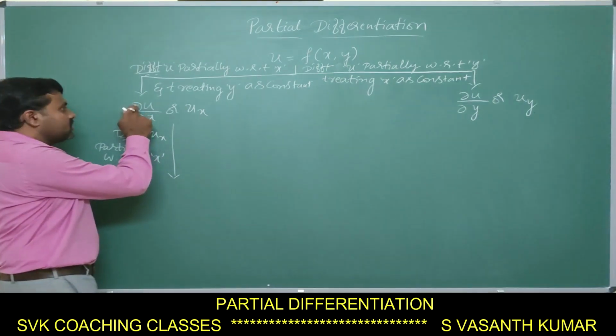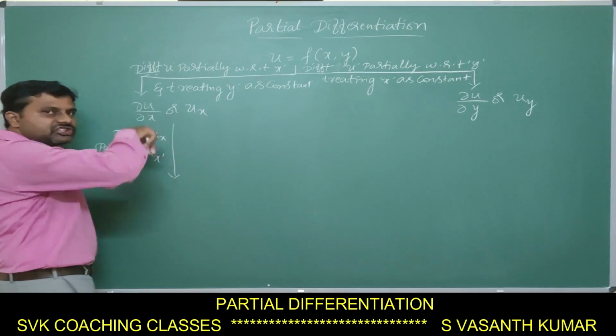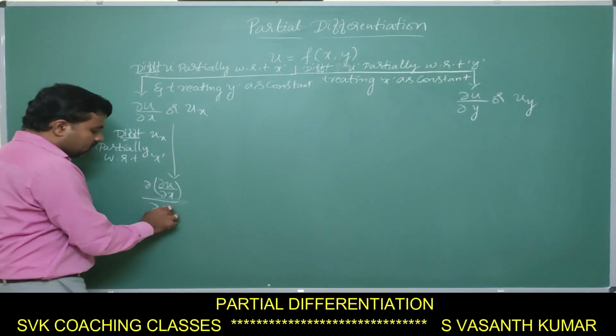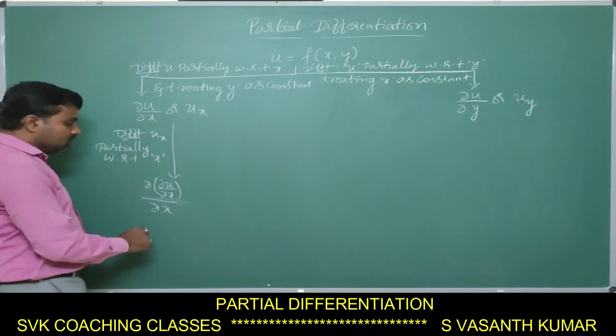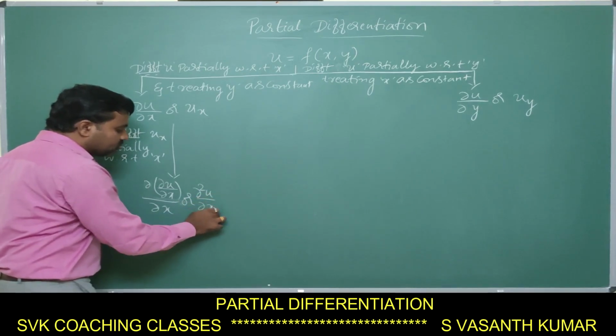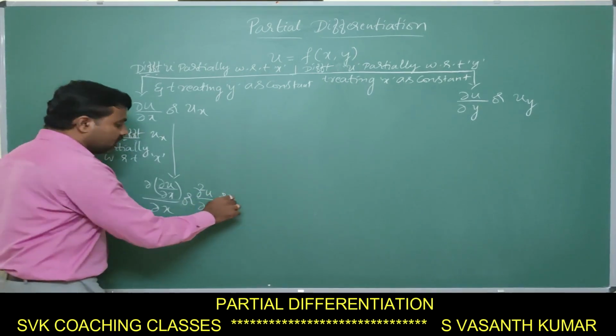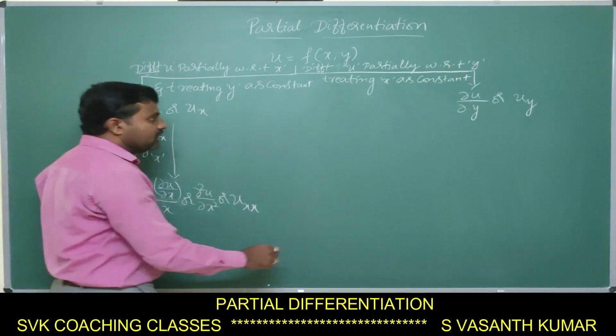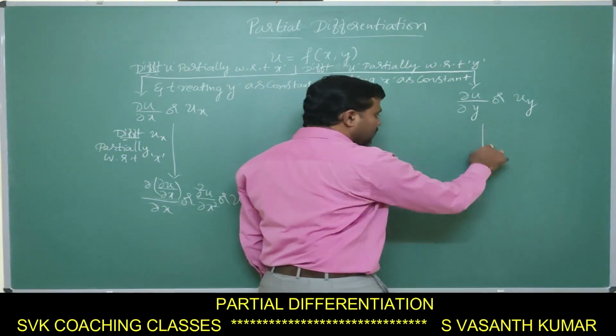It means you are differentiating del u by del x with respect to x. It can be denoted as del square u by del x square, which means uxx.